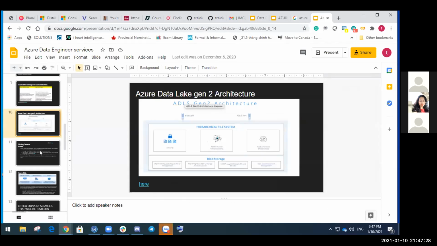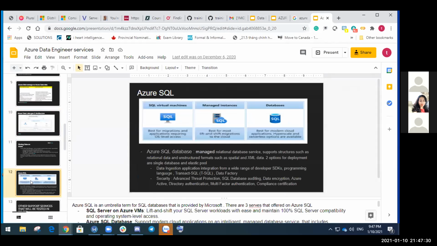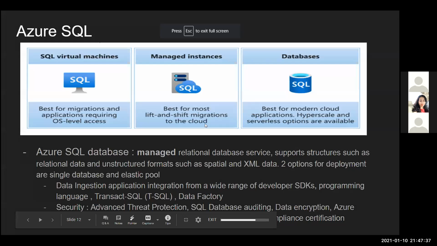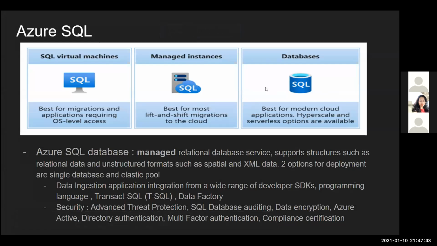And then we have data lake, which is built on blob storage. And then we have Azure SQL, which is what I was talking about. Azure SQL is an umbrella term, and there are three services: virtual machine, managed instance, and database.